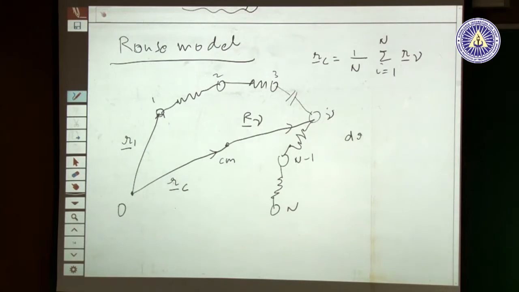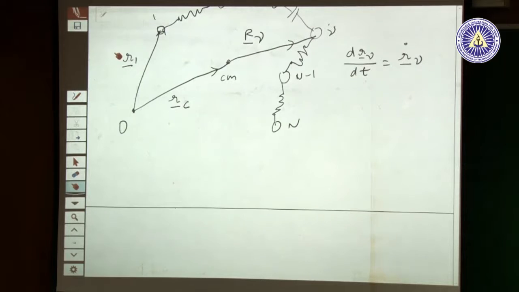So, the velocity of a bead, dR nu by dt, we denote by R nu dot. So, that is your bead spring chain model introduced by Rouse, where each connection is a spring. And now, what we are interested in is the equilibrium distribution function of this bead spring chain.